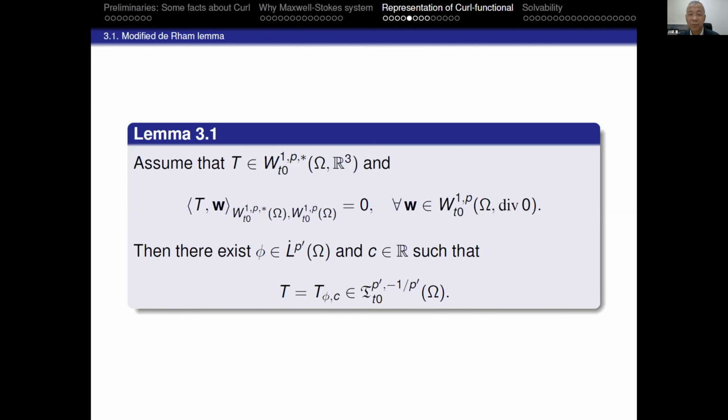So for any W in W1P T0 with divergence equals 0 in the omega, this functional equals 0. Then we have a function phi and a constant C such that this functional can be represented by T phi C. And remember, phi means you have an integral involving the divergence of W, and C appears in the boundary integral.